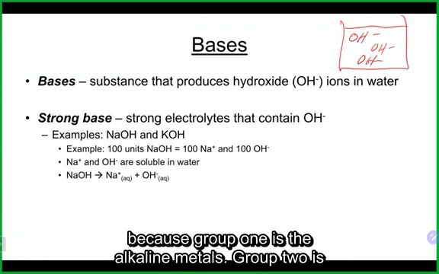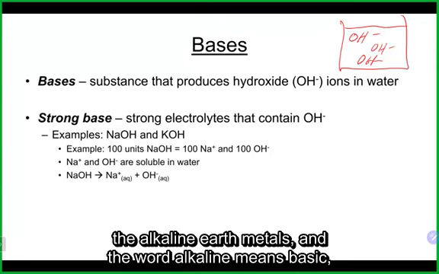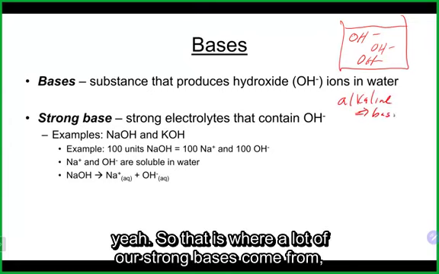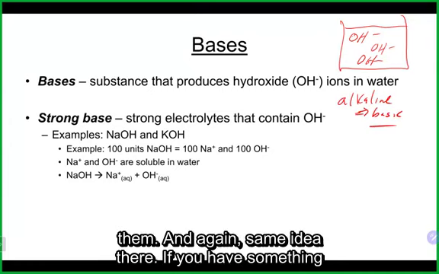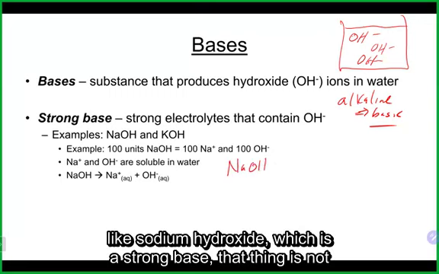And that is because group 1 is the alkali metals, group 2 is the alkaline earth metals, and the word alkaline means basic. So that is where a lot of our strong bases come from, basically group 1, group 2 with hydroxide on them. And again, same idea there. If you have something like sodium hydroxide, which is a strong base, that thing is not going to stay together.